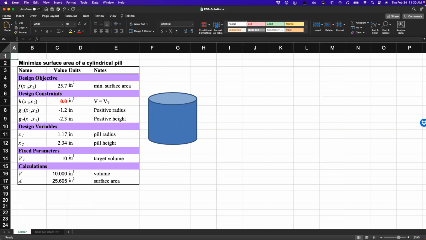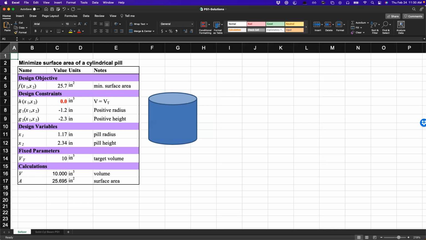You want the radius to be positive and the height to be positive, and you're trying to make the surface area as small as possible. There is a specific constraint that the volume can't change. So given a set volume for your cylinder, how can you make the surface area as small as possible? You're allowed to change your decision variables, so I can change the radius and the height, but I'm not allowed to change my volume.